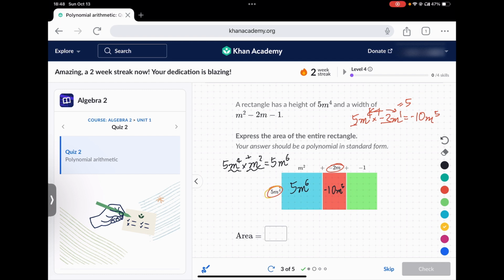And the last one, 5m to the power of 4 times negative 1. Simple. The m is omitted because it's m to the power of 0, which equals 1. And if you multiply the coefficients, it's going to be negative 5. And then 1 times m to the power of 4 equals m to the power of 4. So the answer should be 5m to the power of 6 minus 10m to the power of 5 minus 5m to the power of 4.